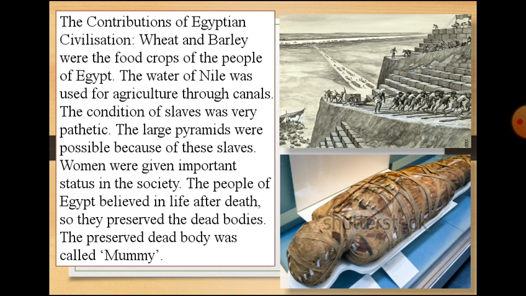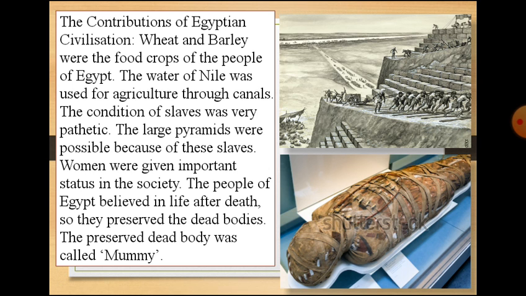Also, some slaves were law violators. That is, they did not follow the rules and regulations of the king. And some were slaves due to poverty. Poverty in the sense they were very poor.